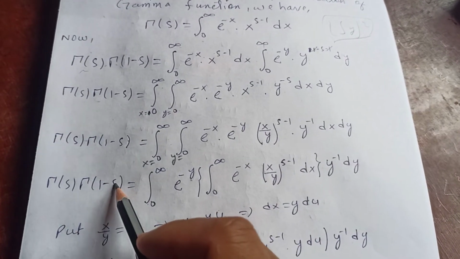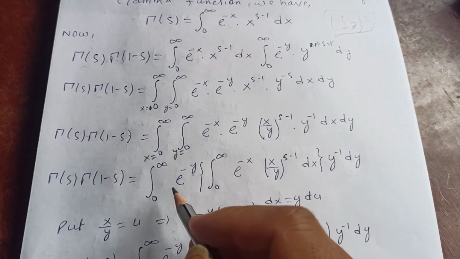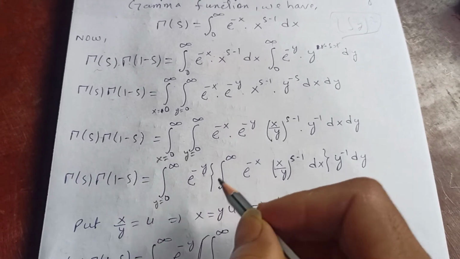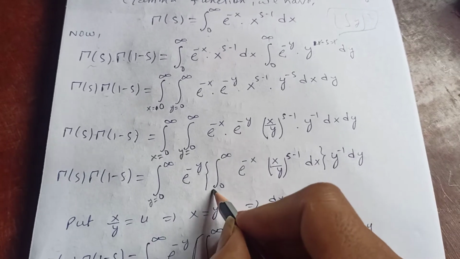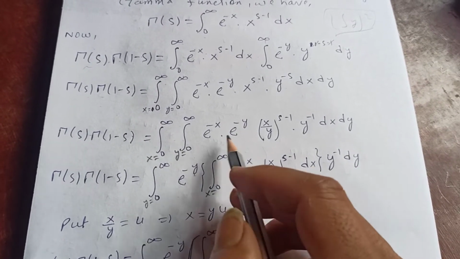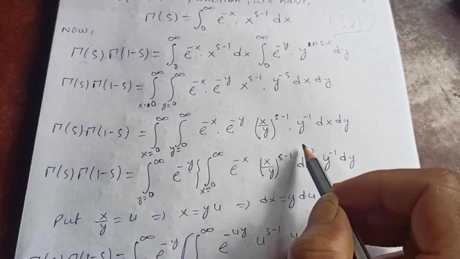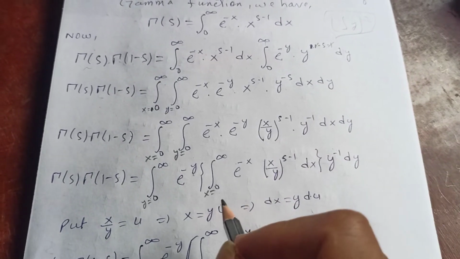Now let's change the order of the integrals. Let's keep y outside: the integral from y equal to 0 to infinity of e to the negative y, and for x the integral from x equal to 0 to infinity of e to the negative x times x by y to the s minus 1 dx, and y inverse dy.